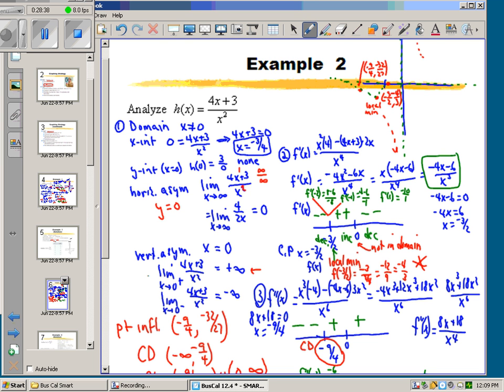And it keeps going up until it gets to x equals 0. Okay, so it's got to be increasing here. We got that it was increasing from negative 3/2 to 0. So it's got to continue going up until it gets to 0.